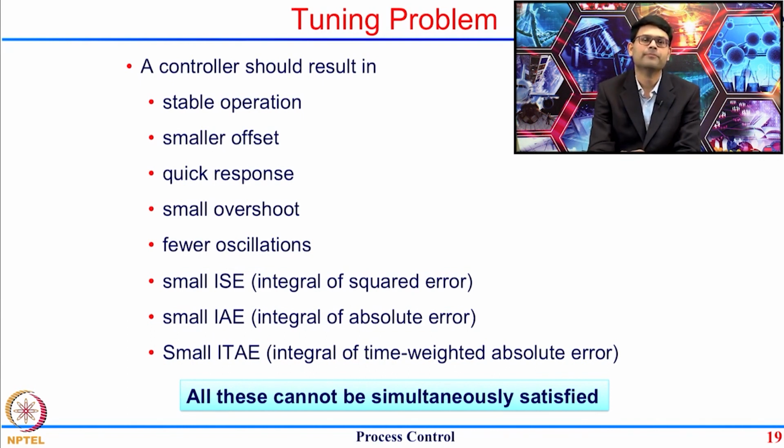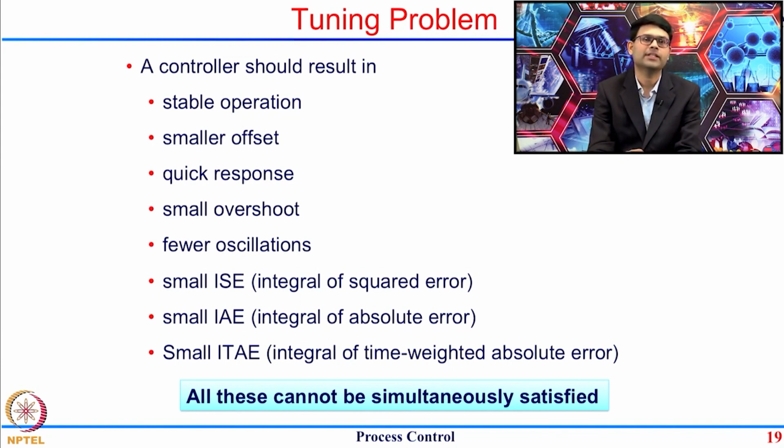The other one would be with respect to the offset. We would definitely want a very minimal offset, and most of the time, if it is temperature control or flow control or pressure control, in some cases you would want zero offset because you want to maintain that particular set point.